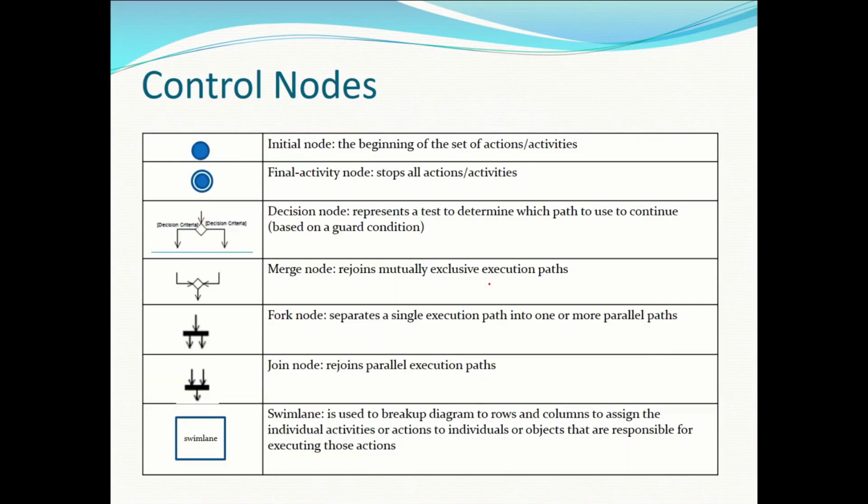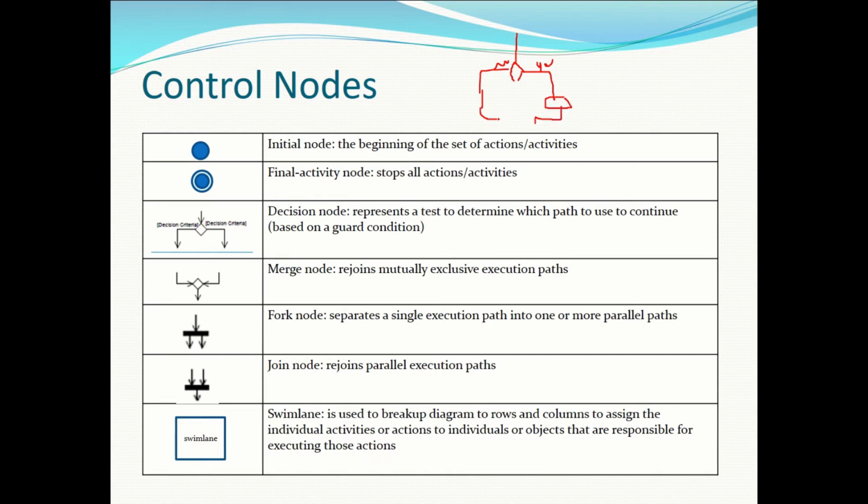These are more explanations about these symbols. We talked about the initial node, the final node, and the decision. We have the merge. Sometimes the program performs and makes a decision to go there for yes or no, and then at the end, this one will perform some operation and continue.